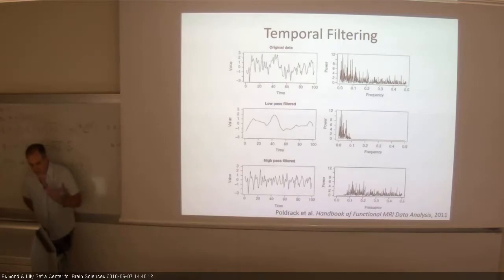Usually we will do some kind of high-pass filtering to remove the very low frequency noise that we have. Why don't we want to do so much low-pass filtering? Intuitively, we can do some, but why wouldn't we want to do it blindly?